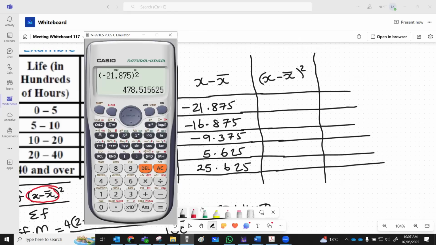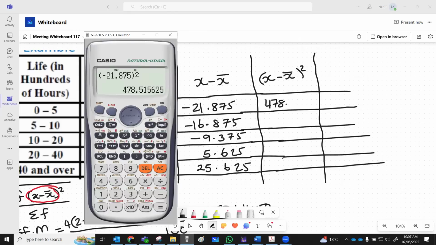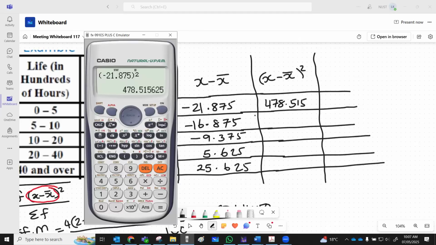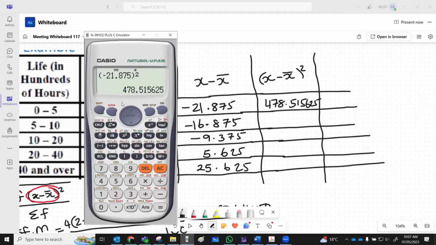We have 478.515625. So we always want to avoid rounding off, but sometimes we have to.